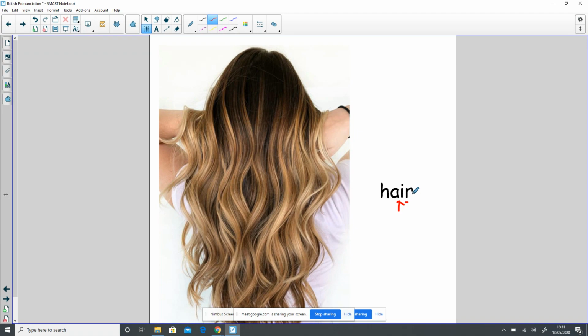Many people think that the reason why there is a strong R at the end of a word with American English is because where do a lot of people from the USA originally come from? Yeah, some people say Ireland. So in Ireland, they would say hair. They pronounce the R as well.